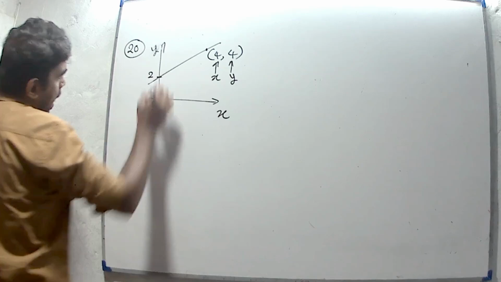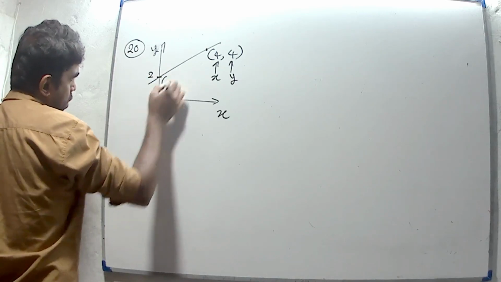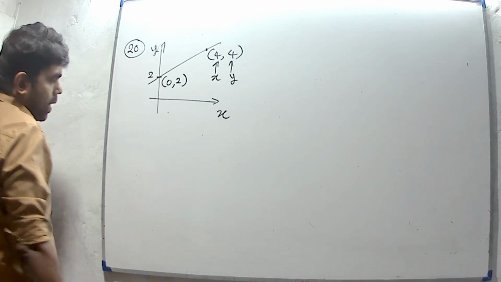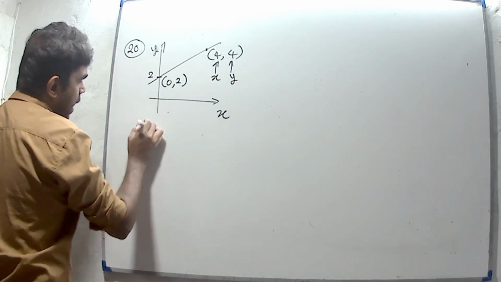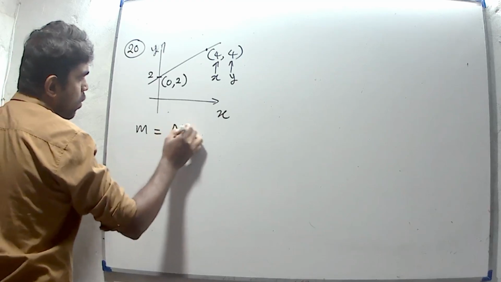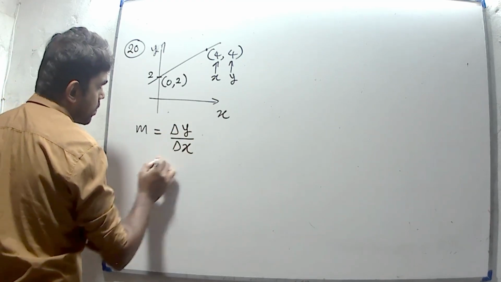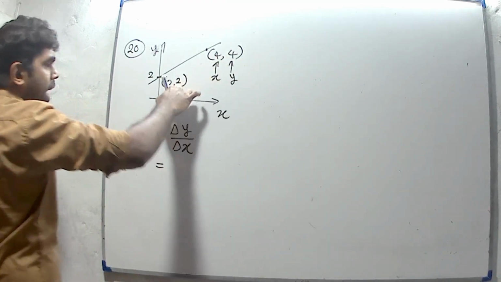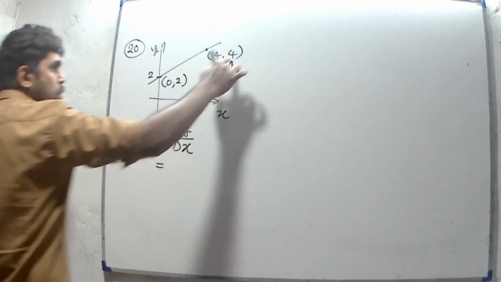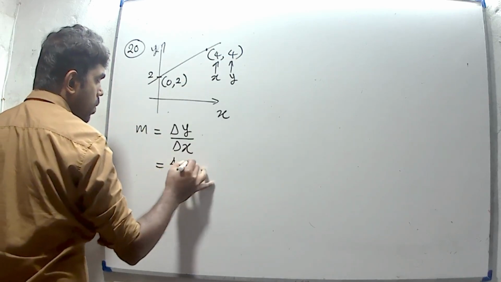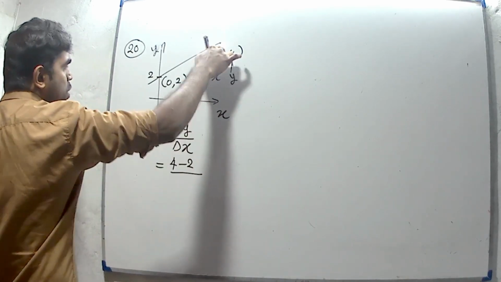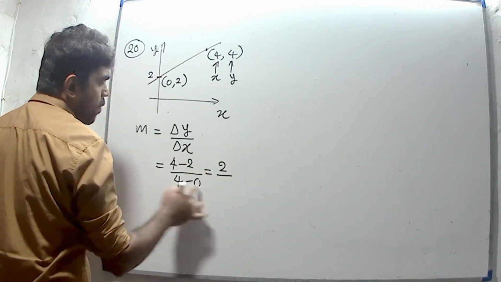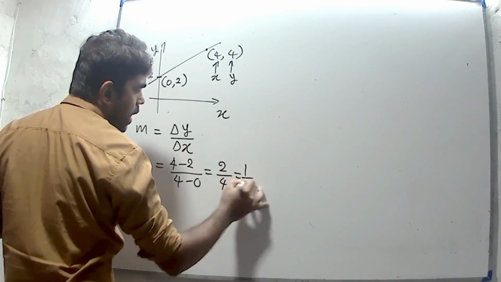We can write the coordinate for this point: x value 0, y value 2. Then we have to write the gradient. Gradient is the difference of y divided by the difference of x. We subtract 4 minus 2, divided by the difference of x, 4 minus 0. 4 minus 2 is 2, divided by 4 minus 0, which is 4. Then the gradient is half.